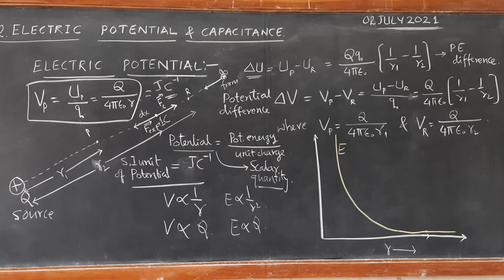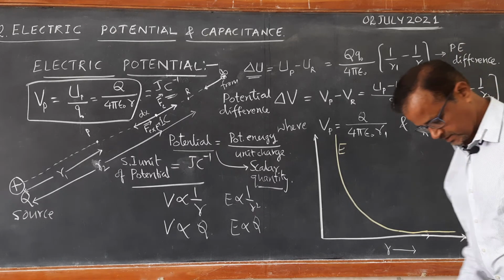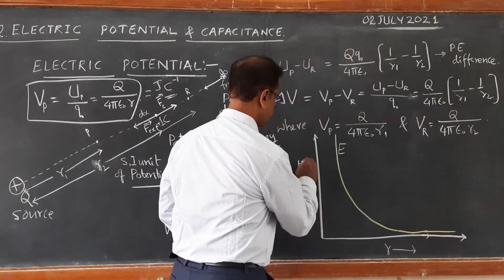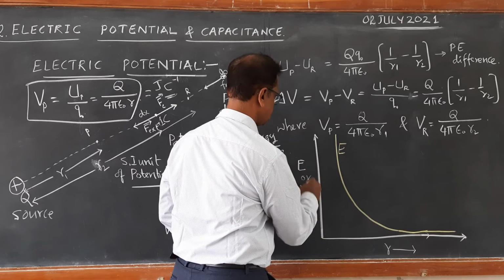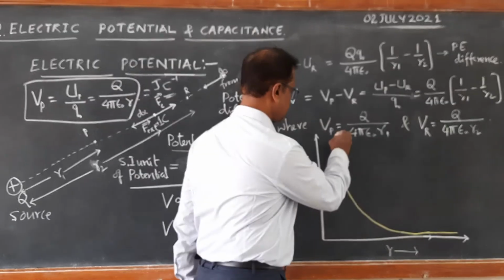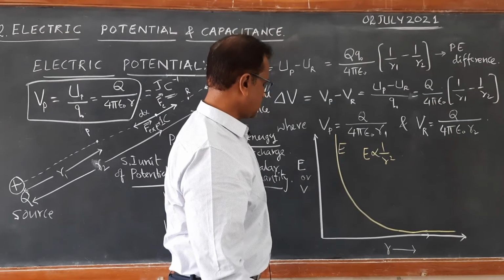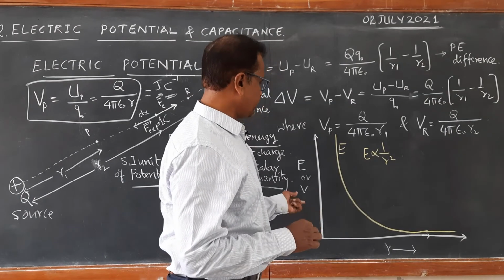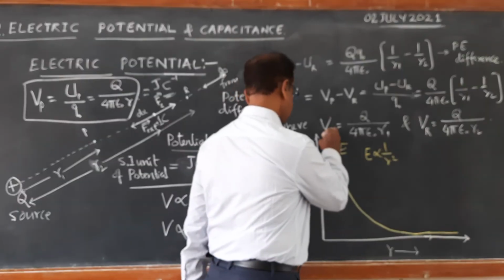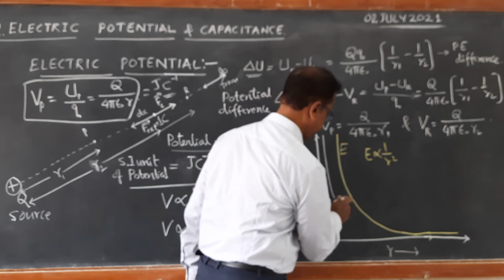I am drawing electric field versus distance and potential versus distance. If you draw the electric field versus distance, we get a curve which shows that E is inversely proportional to the square of the distance. And if you draw V versus distance, V is not falling that rapidly.